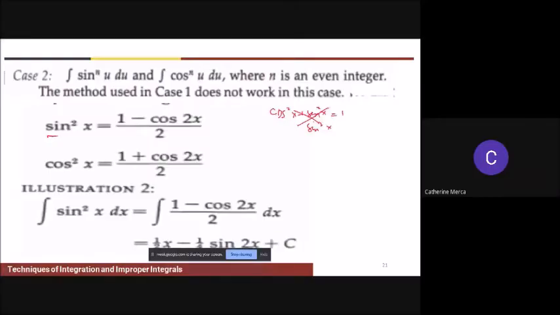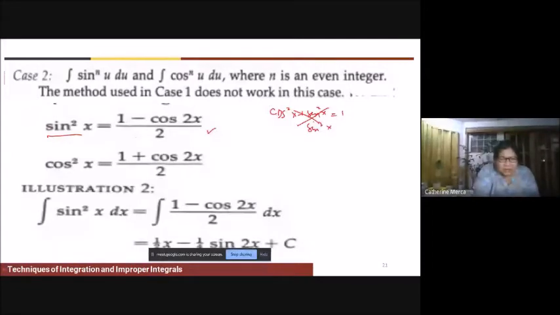To rewrite sine squared x as another equation, the difference in the formulas is that for sine squared it is minus, and for cosine squared it is plus. The mnemonic device is that sine is negative, so cosine is positive.